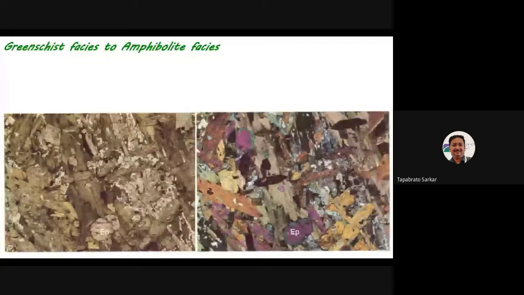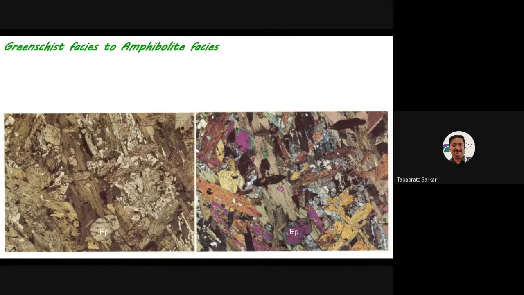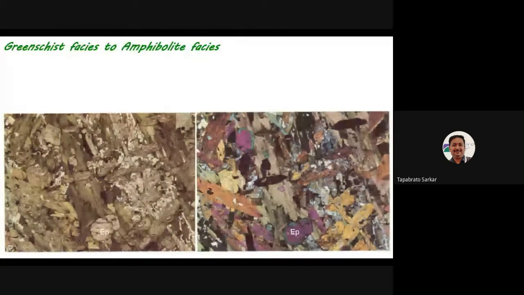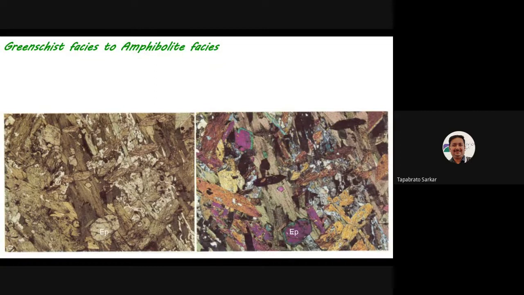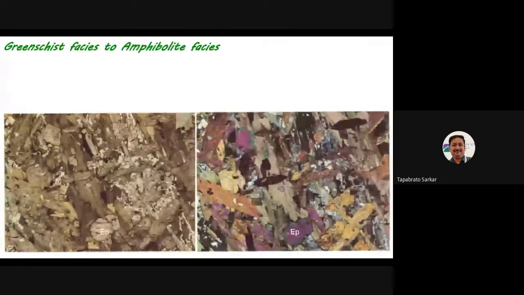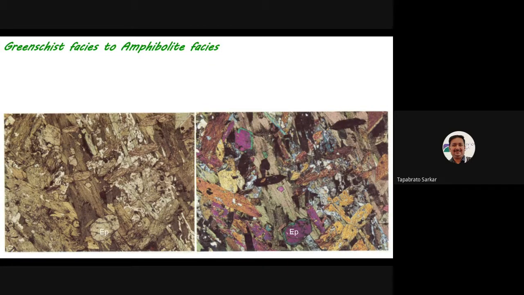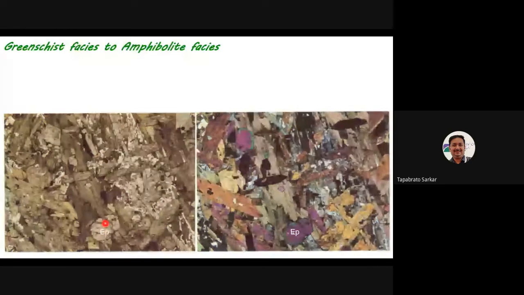Okay, so here are some pictures of the rocks from the greenschist to the amphibolite facies conditions. For example, this is epidote, how it looks. Slowly, this is more of the greenschist facies where there is a lot of chlorite and epidote.